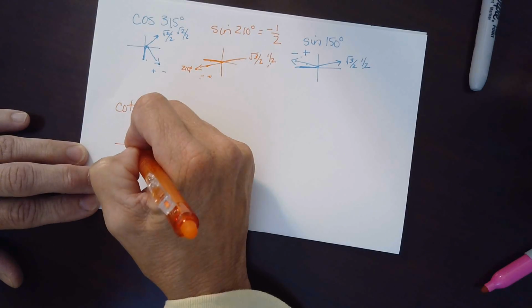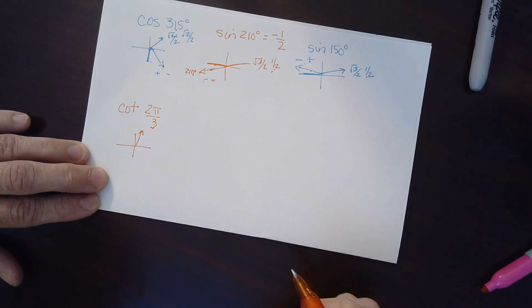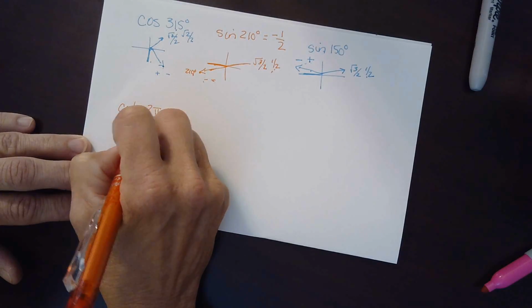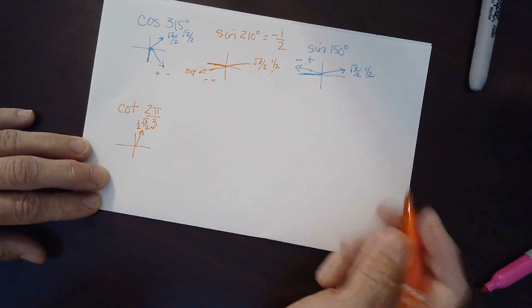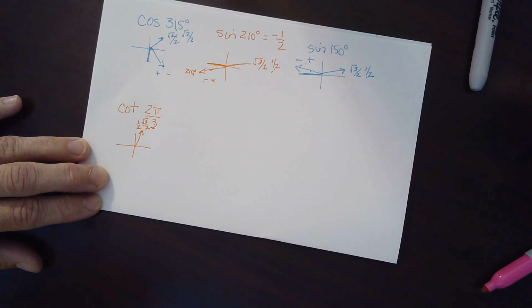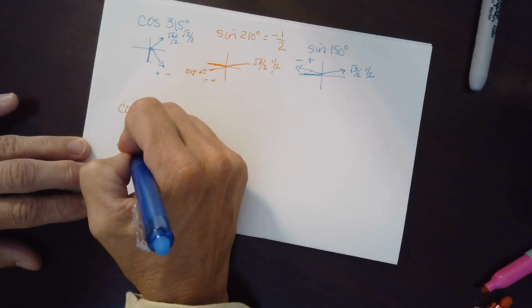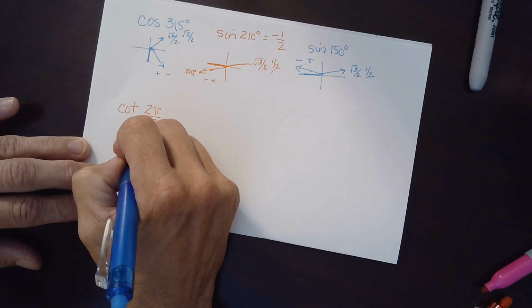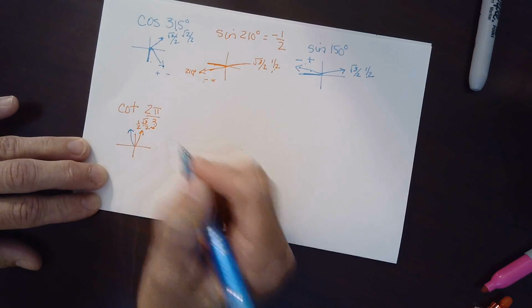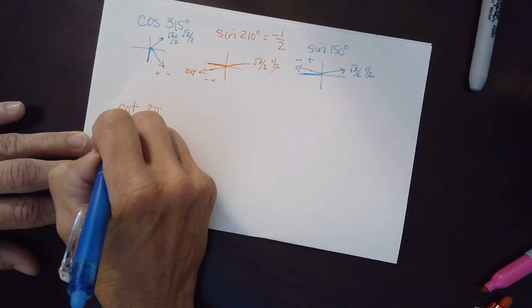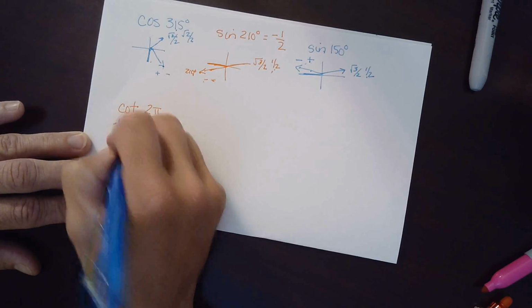And so your pi over 3 angle is here, and the ordered pair for this is 1/2, square root of 3 over 2. In 2 pi over 3, since the numerator is less than the denominator by 1, then 2 pi over 3 is this angle, and its ordered pair would be negative 1/2, positive square root of 3 over 2.